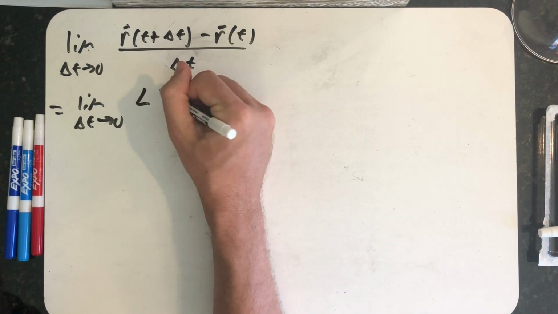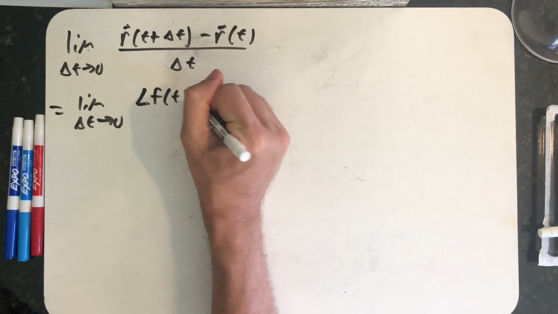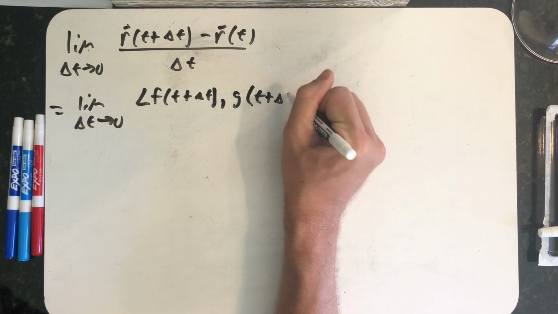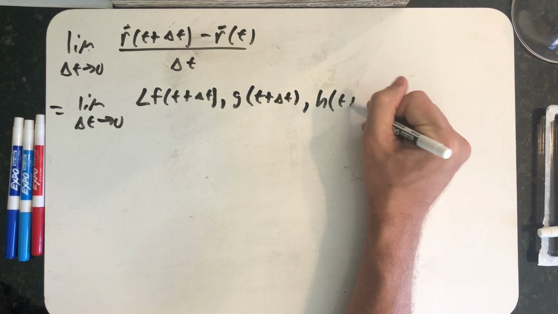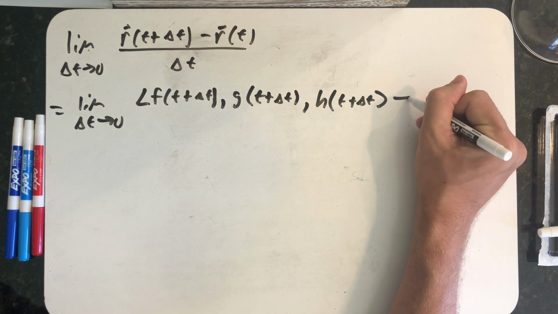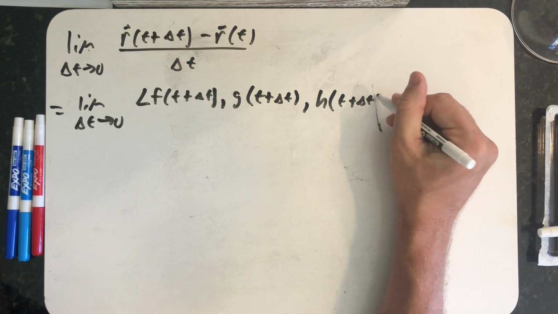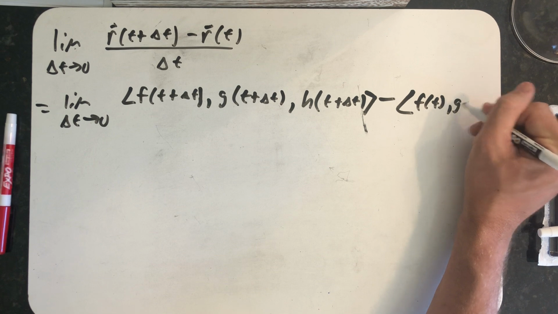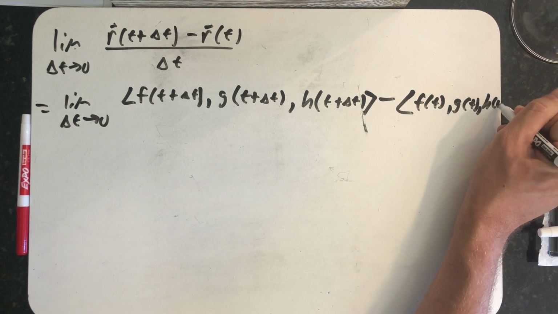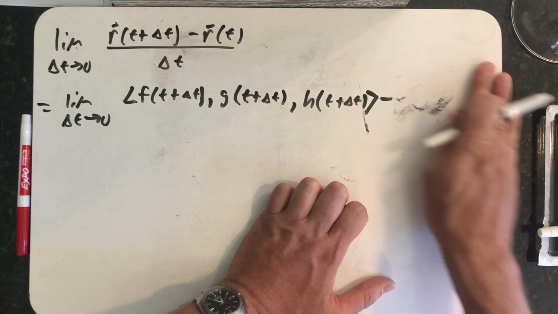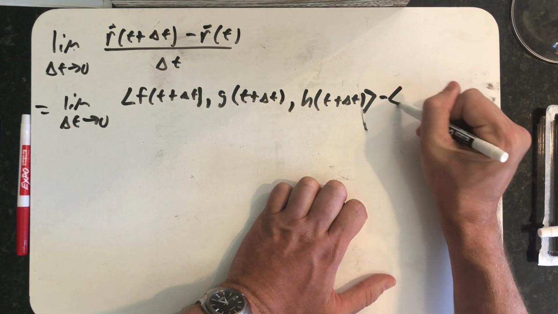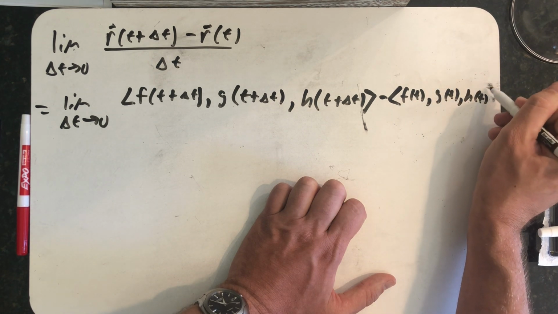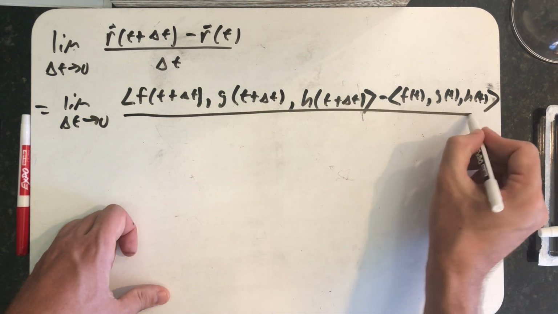And so here, I'll replace this with f of t plus delta t, g of t plus delta t, h of t plus delta t, and then minus r of t itself. I'm using my angle brackets here just out of convenience. Running out of room here at the edge of the board. Minus f of t, g of t, h of t, all divided by delta t.